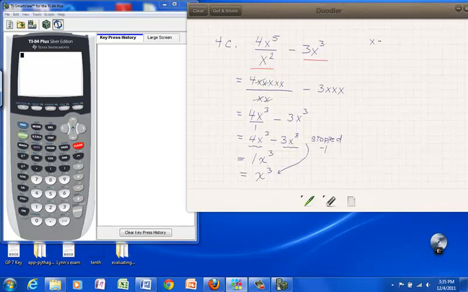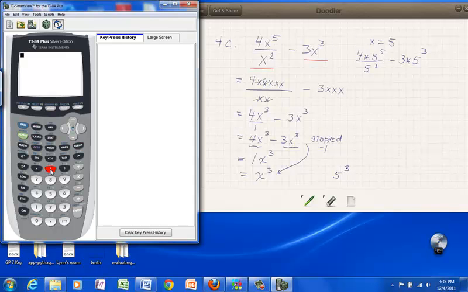All right, let's let x be equal to 5 again. There's the original expression, and the answer down here was just x to the 3rd, or 5 to the 3rd. Group the numerator.